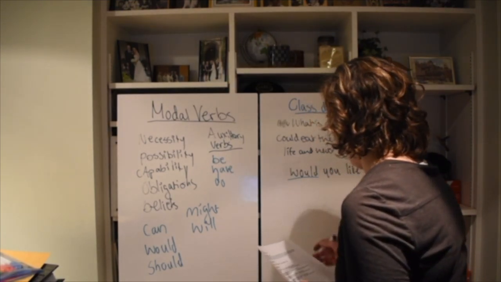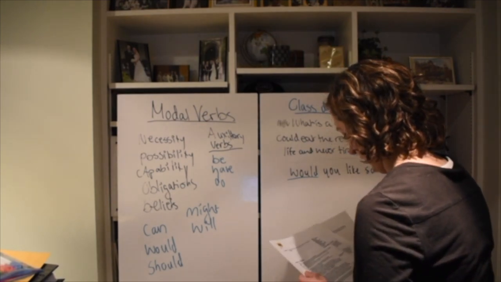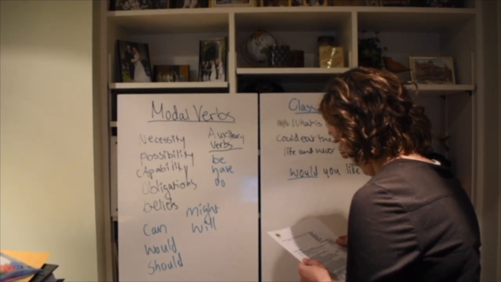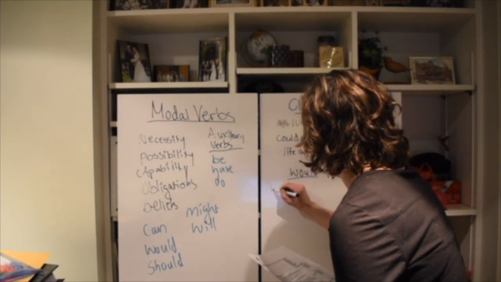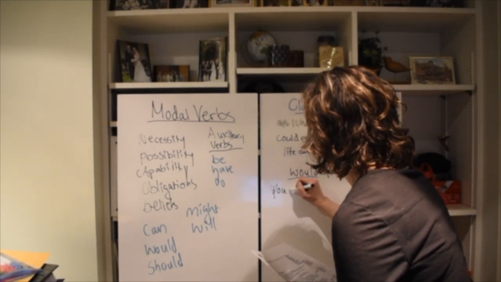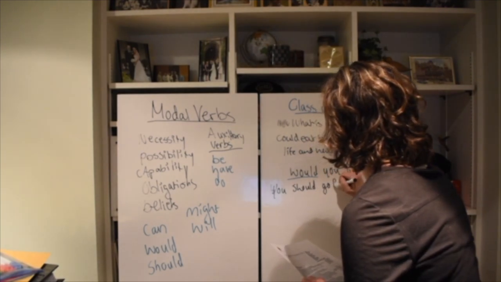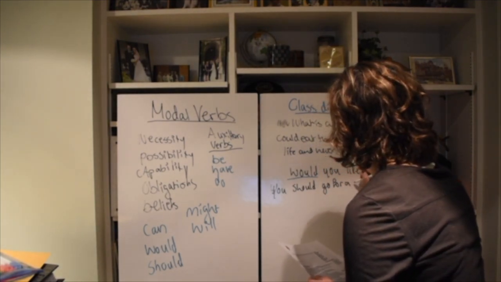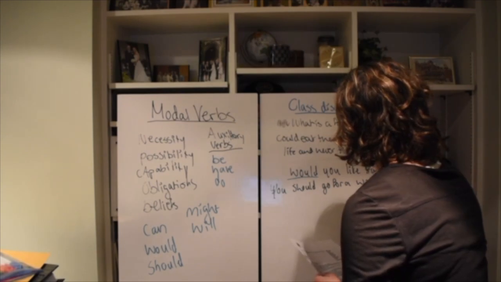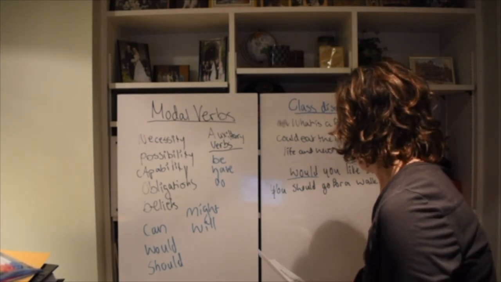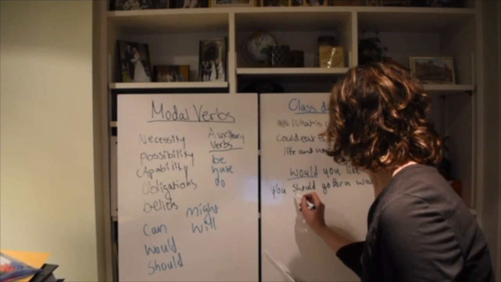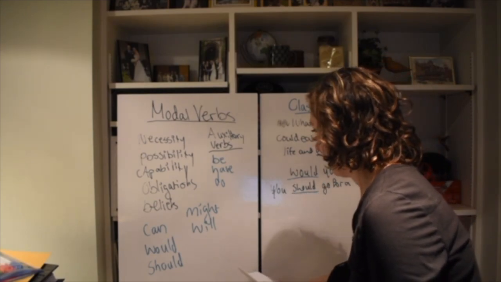And then for the other one, let's do this now. We could use you. And which one would be used here? You can point it out. Should is the other.